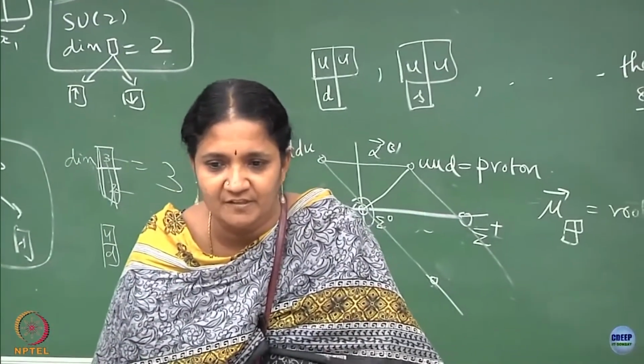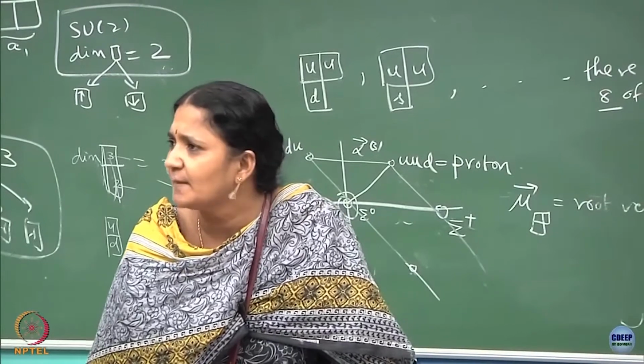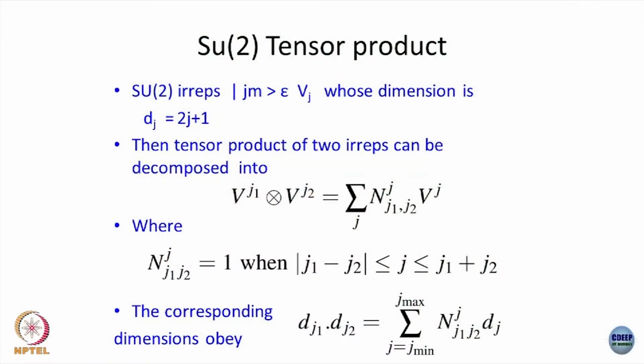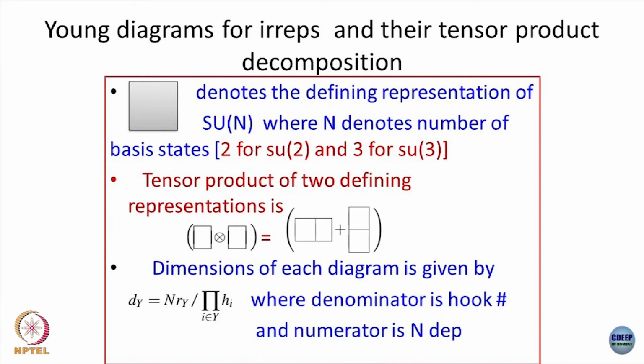So, the dimensions also will match. This is something which you have done in SU2, but this can be done for SU3 and higher groups. So, this is what I am explaining here. Take a tensor product of a single box with a single box. The left hand side is a reducible representation, and you can break it up into 2 irreducible representations.